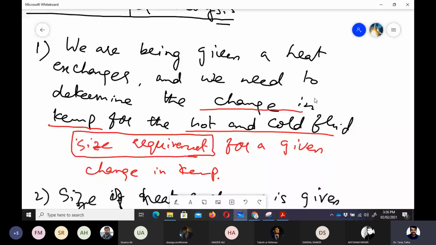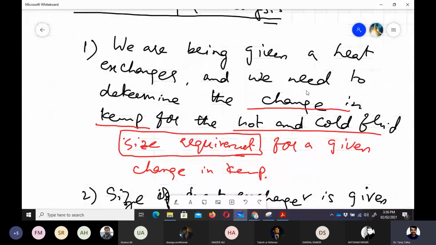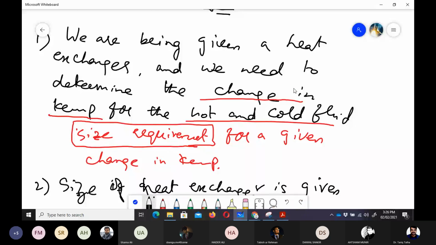So the change in temperature is the input parameter, and the size requirement of the heat exchanger is the output parameter.